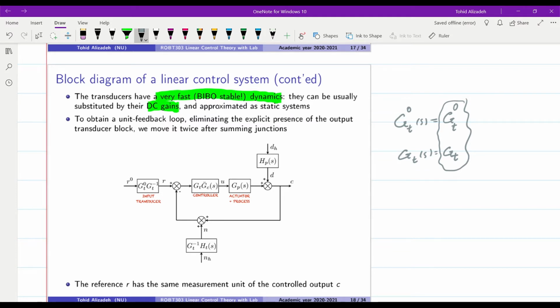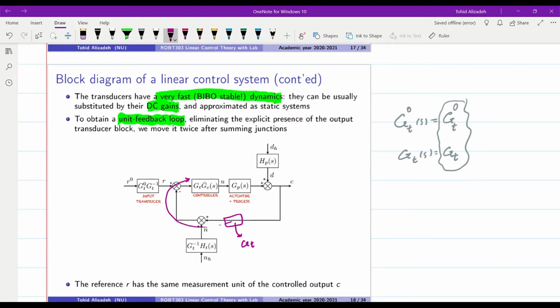Then on the other hand, we are interested in finding a unit feedback loop. However, if you have a second look at the initial block diagram system that we had, GT over here, yeah, initially GT was in the feedback path. If you want to have a unit feedback loop, we need to move it and bring it here.